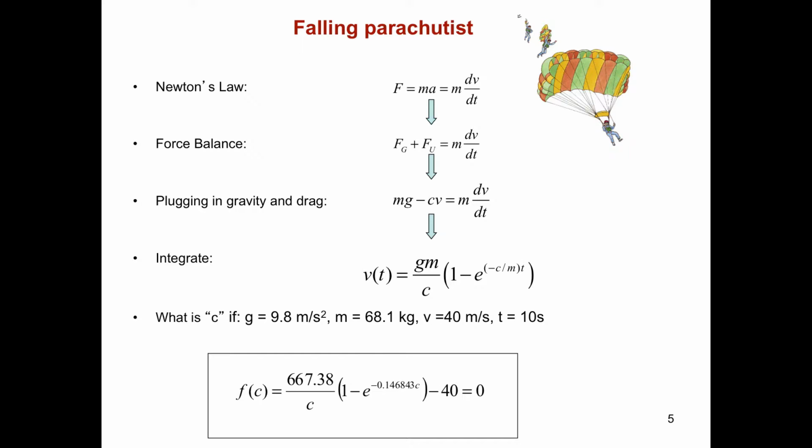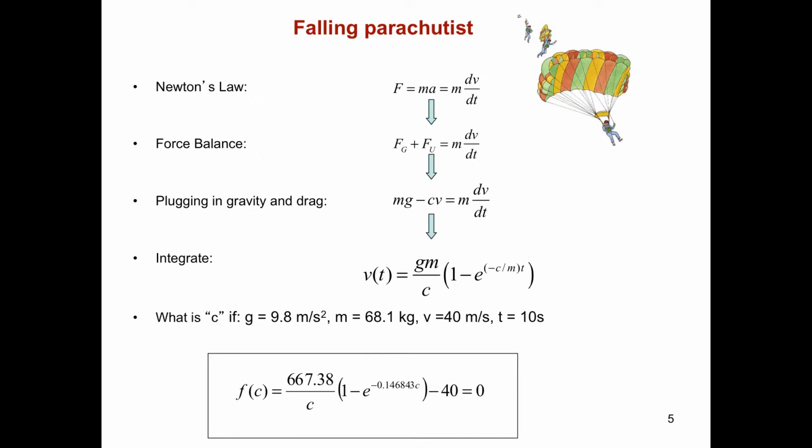Let me give some more examples. This is an example of a falling parachutist. Okay? Typically I know per Newton's law that force is equal to mass times acceleration. What are the forces in this business of falling from the sky? What forces do I have acting on me?